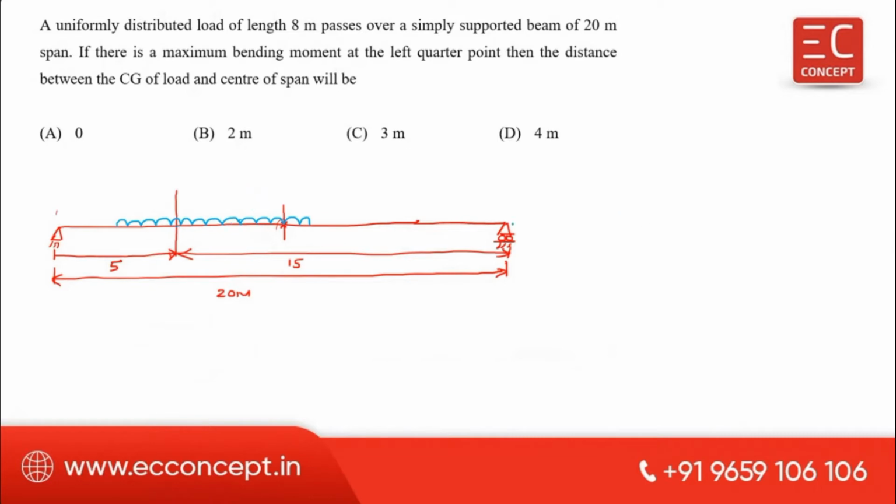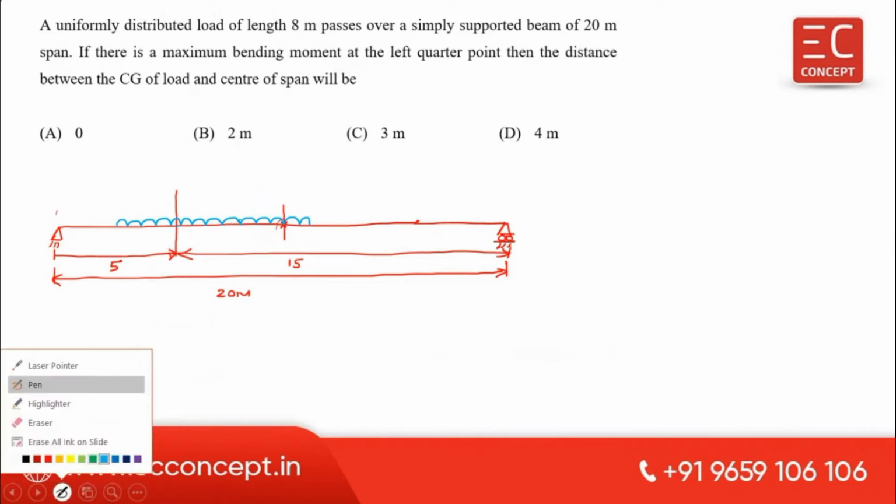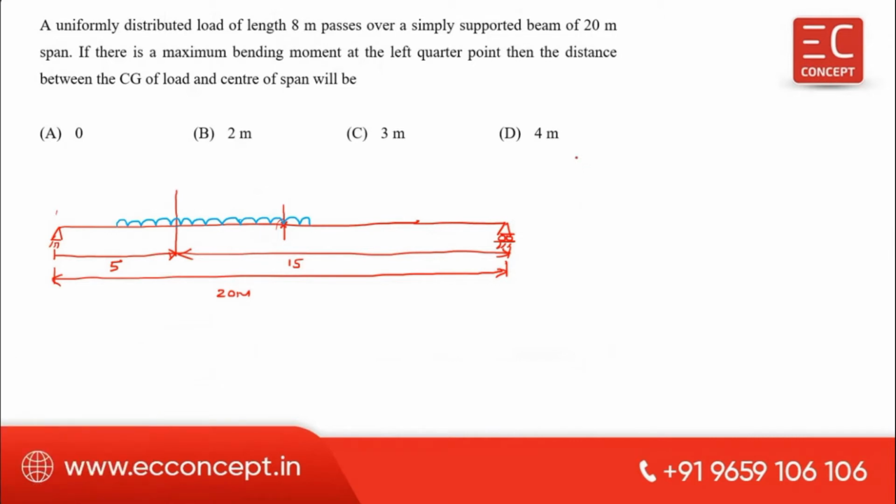The condition for getting maximum bending moment is, keep the load in the same ratio in which the section divides the span.